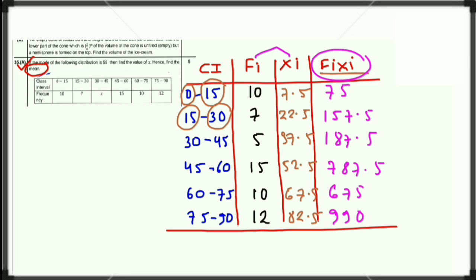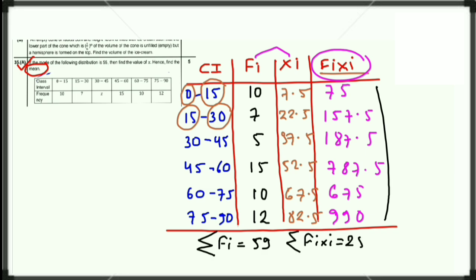Now we have to add all these frequencies, then we obtain sigma fi equal to, after adding all this, we obtain 59. Similarly, after adding all this fi xi, we obtain sigma fi xi will be 2872.5. Now we have the formula for finding the mean.